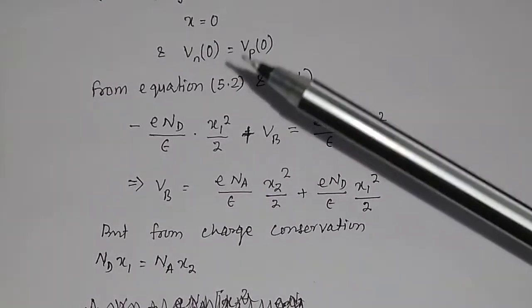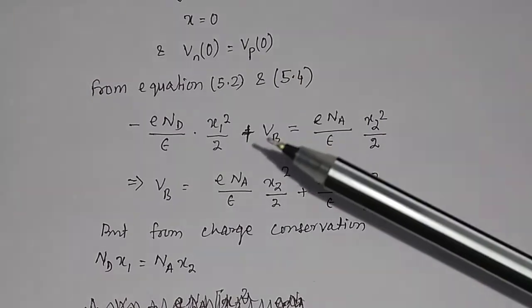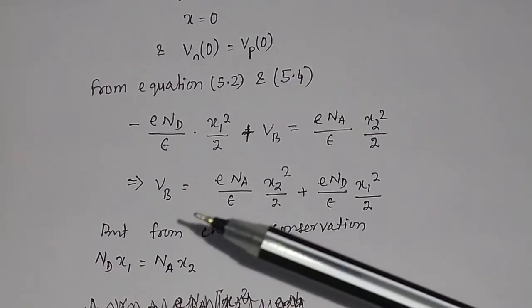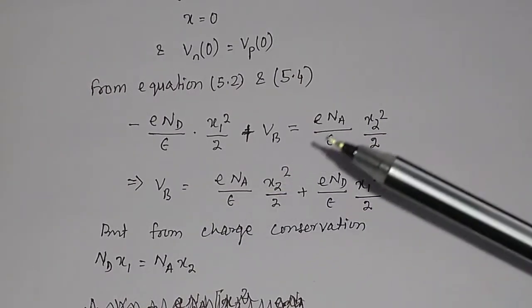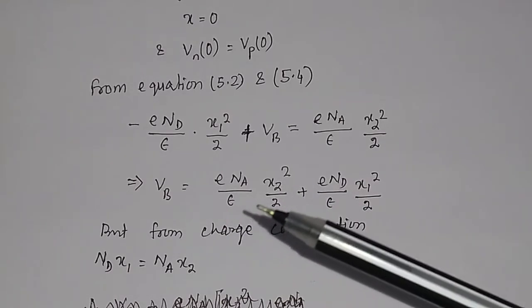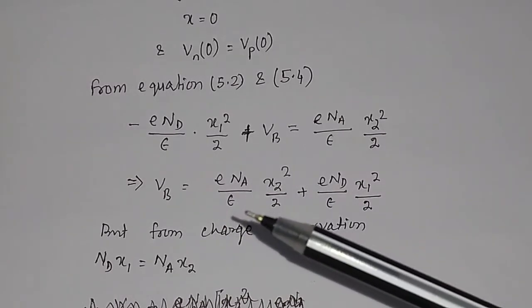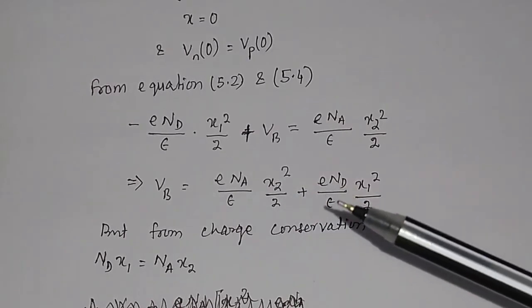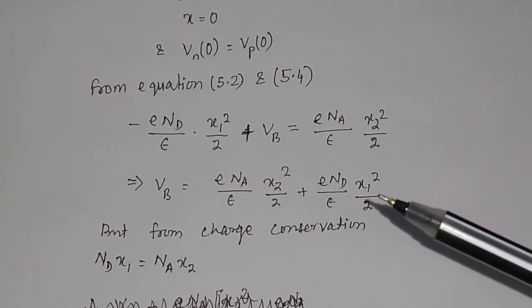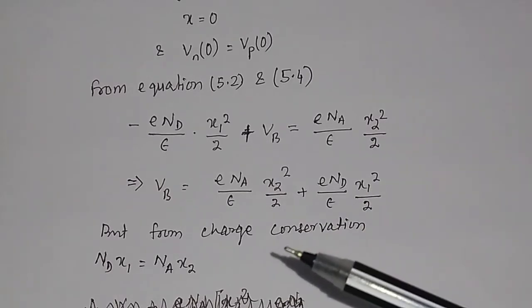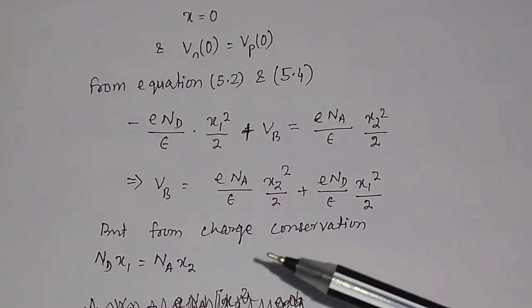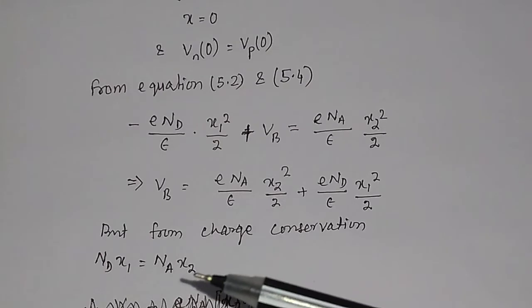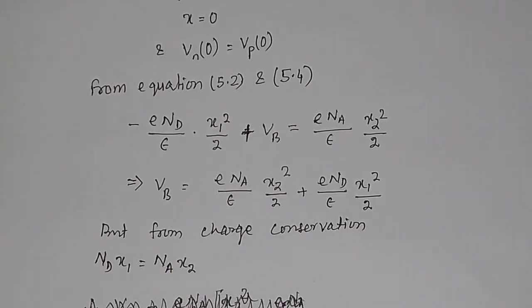Obeying this condition, you write this equation, and from this you can calculate Vb. If you calculate Vb, this will be equal to E into Na divided by epsilon into x2 square divided by 2 plus E into Nd divided by epsilon into x1 square by 2. And another thing is, from charge conservation, we know Nd into x1 is equal to Na into x2.